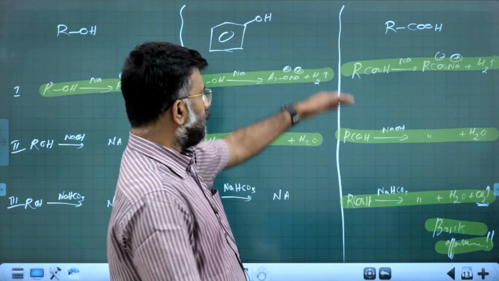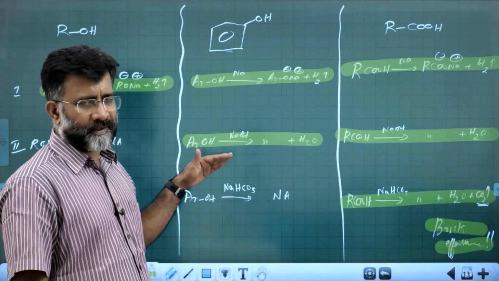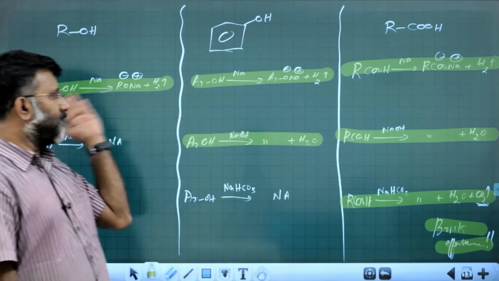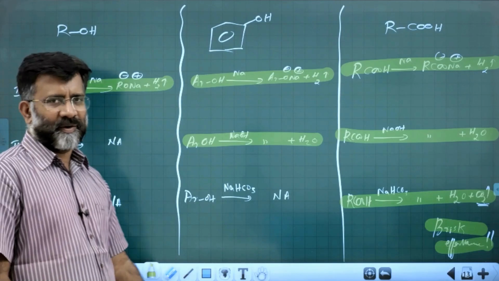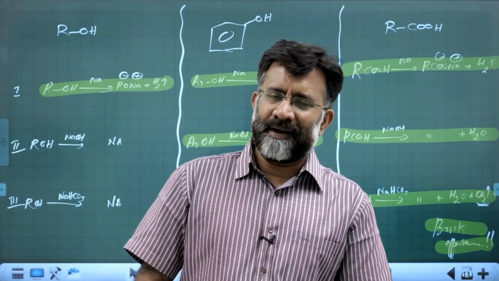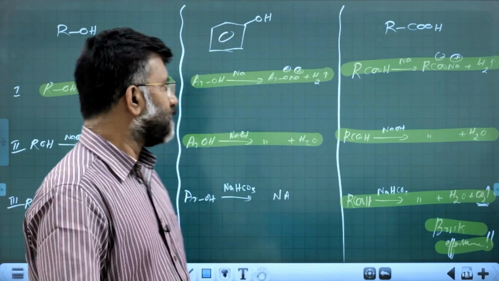So the three reactions demonstrated here are not available here, only two reactions. So phenol is less acidic than carboxylic acid. Here you have only one reaction. Alcohols are less acidic than phenols. It's a clear justification for their relative acidic nature. Is it clear? Fine.